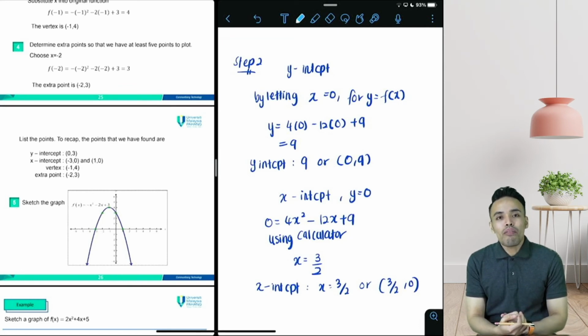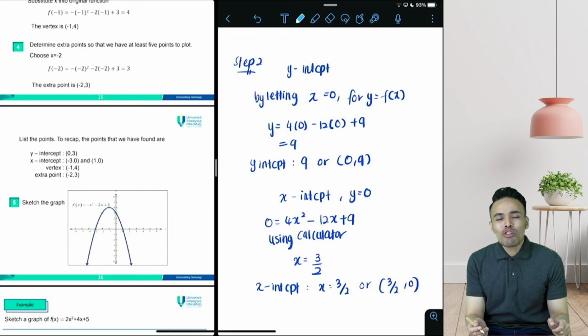The y-intercept can be determined by assuming x is equal to 0. Then y is equal to 4 times 0 minus 12 times 0 plus 9, which is 9. Therefore, the y-intercept can be written in point form as (0, 9).